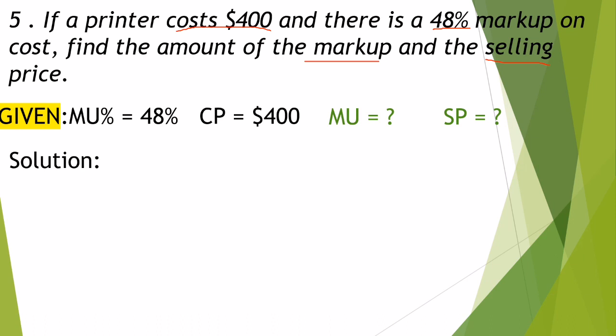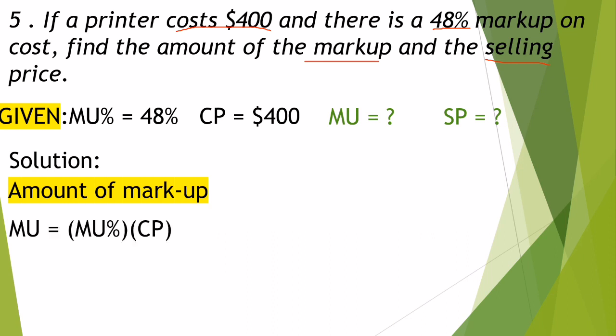For our solution for markup, we have MU is equal to MU percentage times CP, since they are the given. So now substitute the given. For MU percentage, we have 48%, and CP, which is $400.